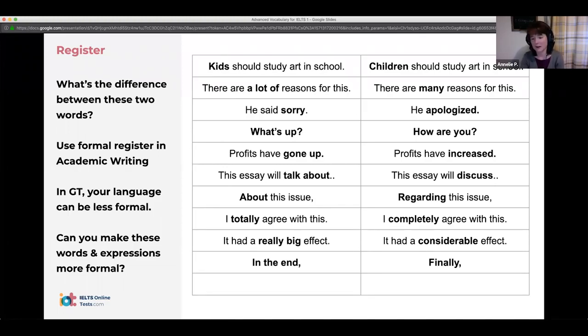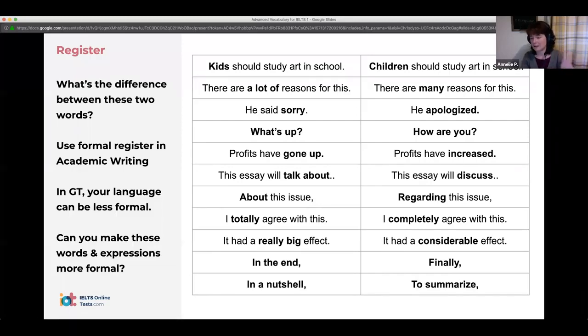In the end. Okay, yeah, perfect. Finally, yeah, lastly works as well. And what about this one? This has come up quite a few times. Yeah, okay, "in a nutshell", really nice expression, works well in the speaking, but it doesn't work well in your writing.